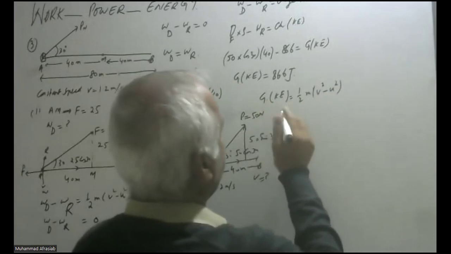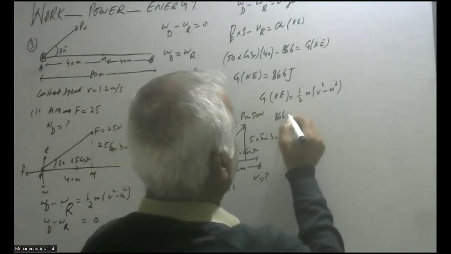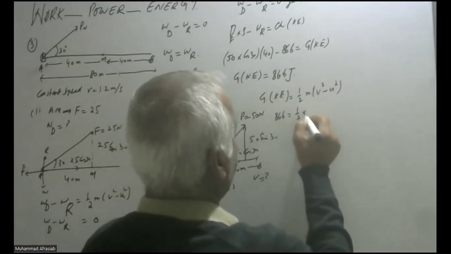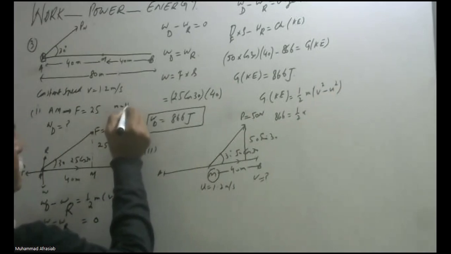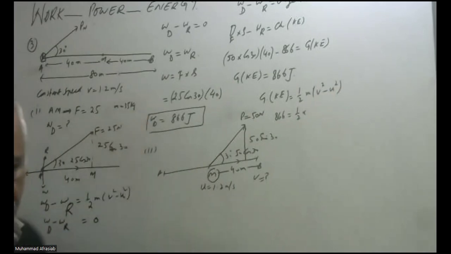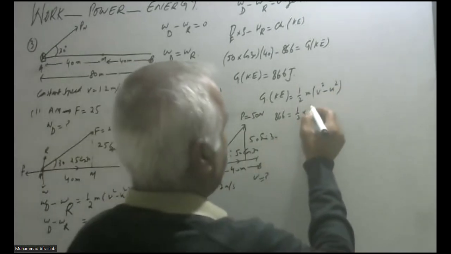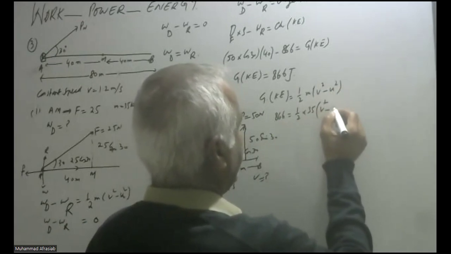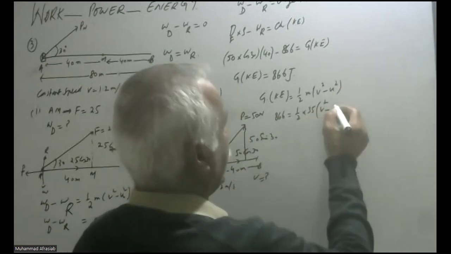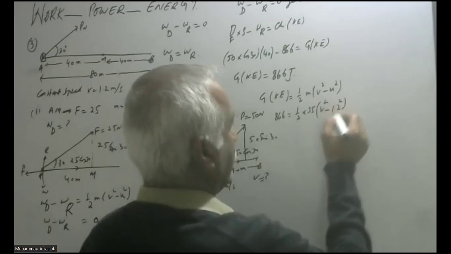So 866 is equal to half times the mass of the particle, which is 35 kg, times v square unknown minus u square, which is 1.2 square.